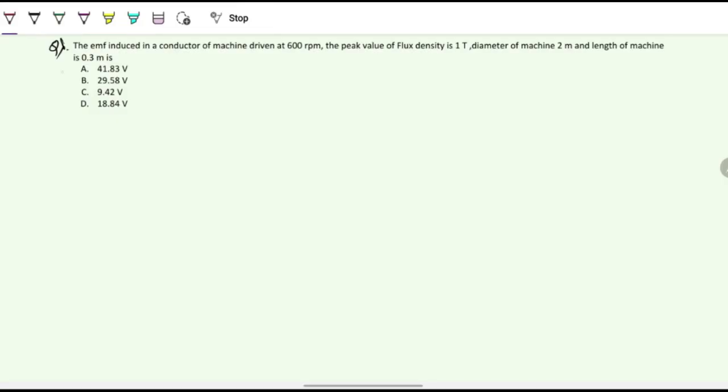Now let us take a question based upon the previous discussions. This question has been asked in ES 2011.